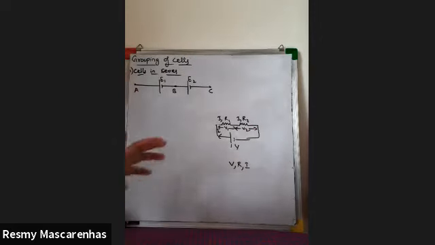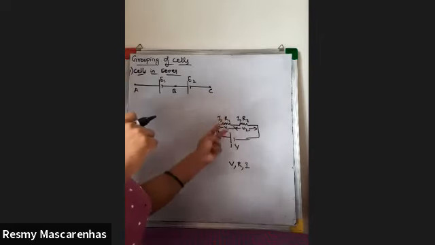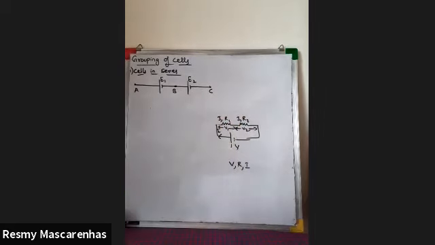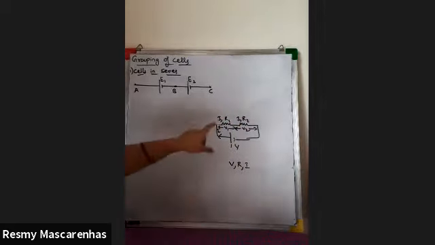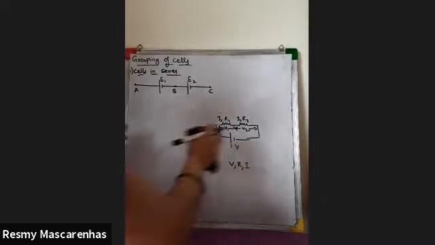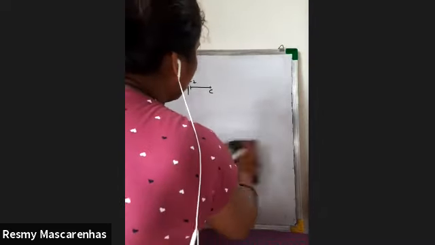Like in capacitance, how when the two capacitors were connected in series, the charge across two capacitors were remaining same. Similarly, for resistors, current will remain same. For cell, current will remain same. Okay. So in series, first thing what it is?